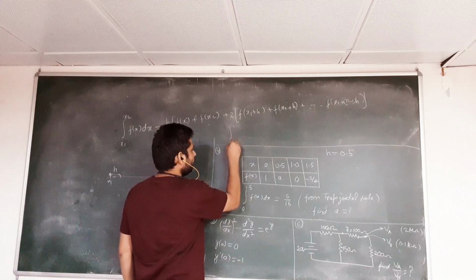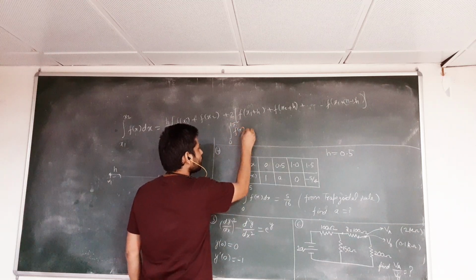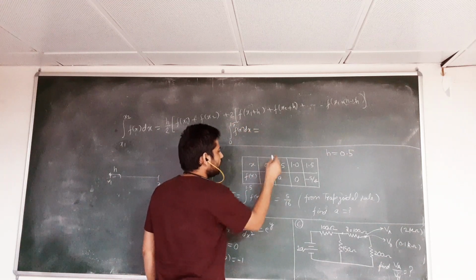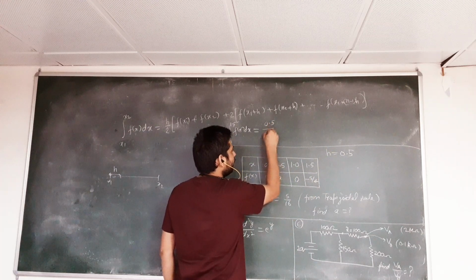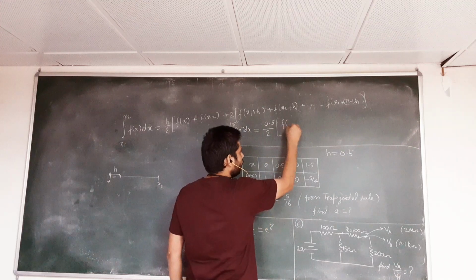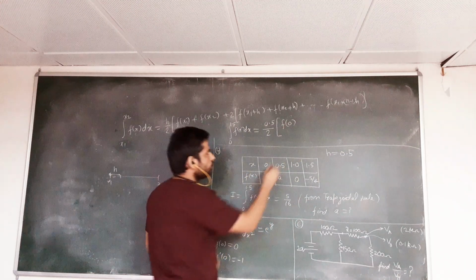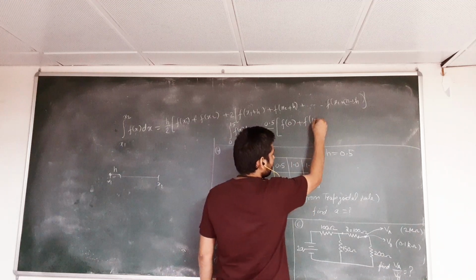We will have the integration from 0 to 1.5 of f of x dx equal to h by 2. h is 0.5 here, so you will have 0.5 by 2 multiplied by f of 0, your starting limit, plus f of the last limit, that is 1.5.